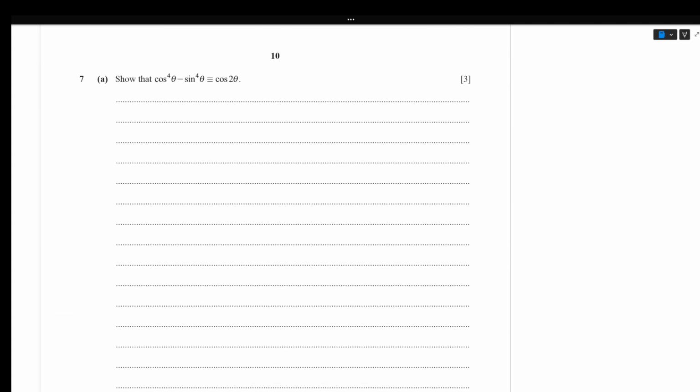Question 7, we are supposed to show this identity. So this is cos square theta whole square minus sin square theta whole square, which is just a square minus b square.